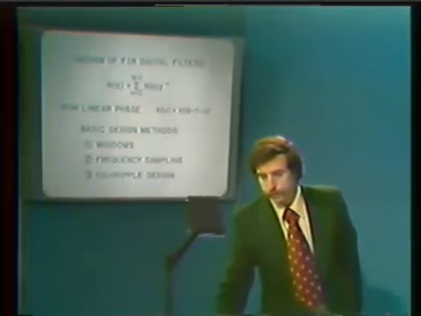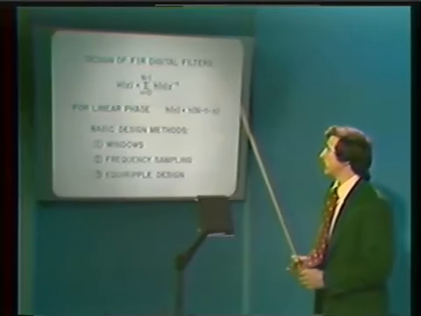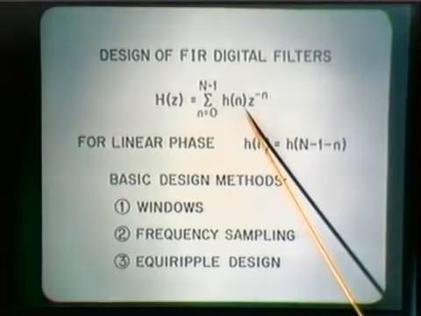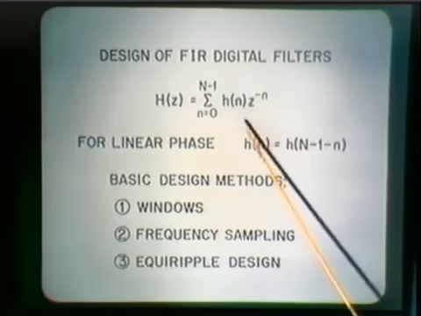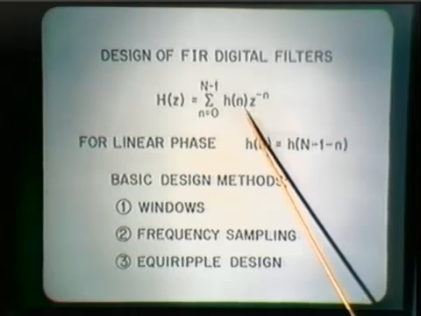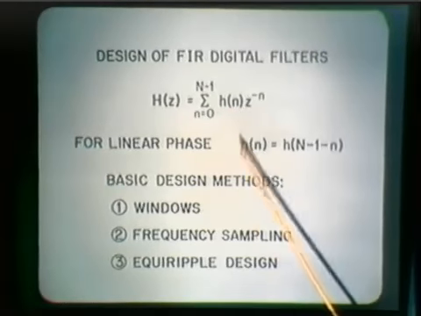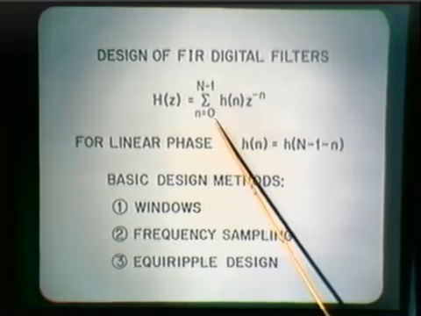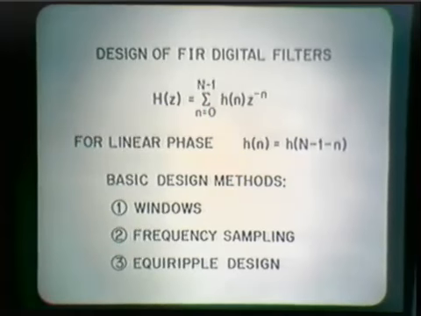So in the design of finite impulse response digital filters, then, we, of course, are talking about a unit sample response that is of finite length, and we'll choose the interval over which the unit sample response is non-zero to be in the range from 0 to capital N minus 1.